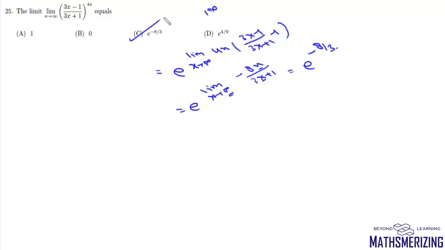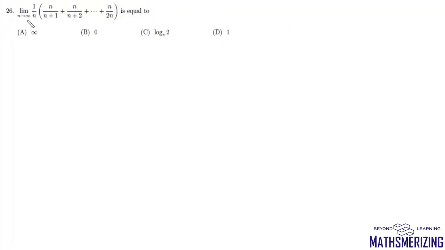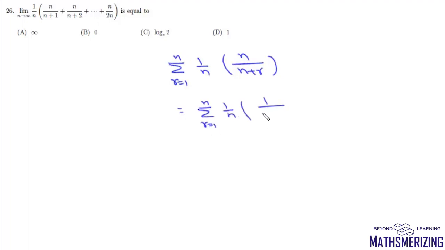and that's your option number C. Now question number 26, it is nothing but the limit of a sum. So we can write this as summation of 1 by n, and then n upon n plus r, where r varies from 1 to n. So we can write this as summation r varies from 1 to n, 1 by n, and this is 1 upon 1 plus r by n.